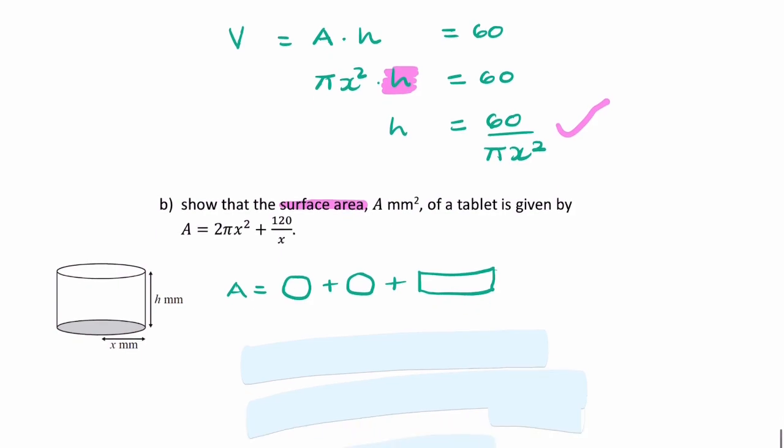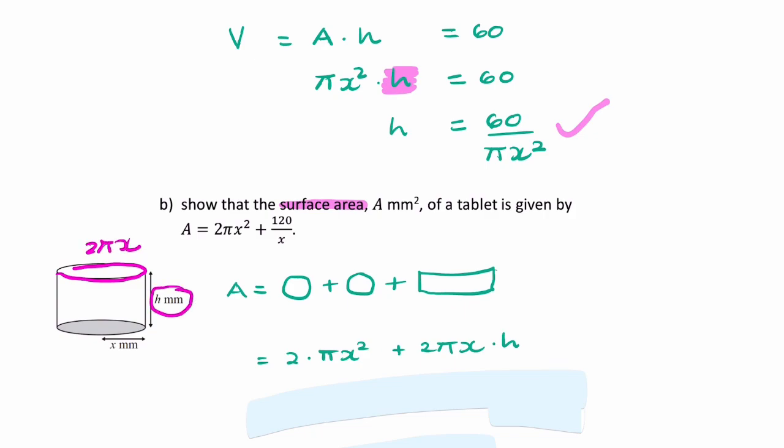The area of each of the top and bottom is just pi times r squared, and the area of the side wall is the circumference of the circle, 2 pi x, multiplied by h. So your circumference is 2 pi x, the height is h.